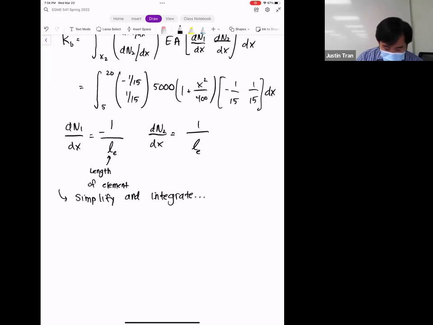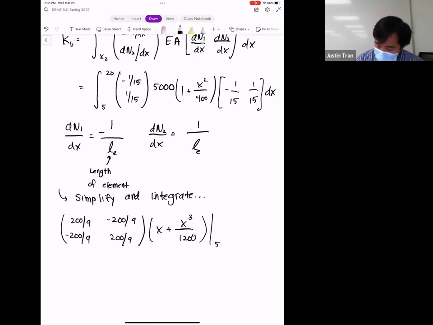If we simplify and integrate, we get 200 divided by 9, minus 200 divided by 9, minus 200 divided by 9, 200 divided by 9. If we perform the integral, just like last time, we have x plus x cubed divided by 1200, evaluated from 5 to 20.